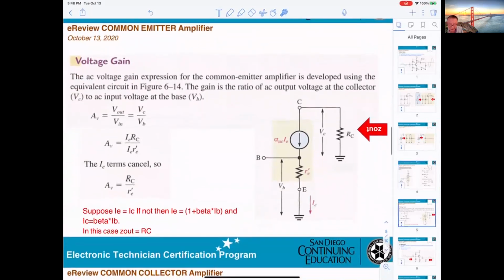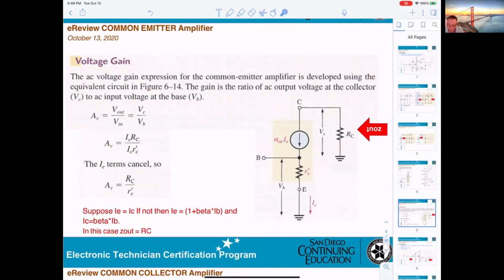Now they're talking about voltage gain. Normally for the transistor amplifier, voltage gain will be equal to V out divided by V in.